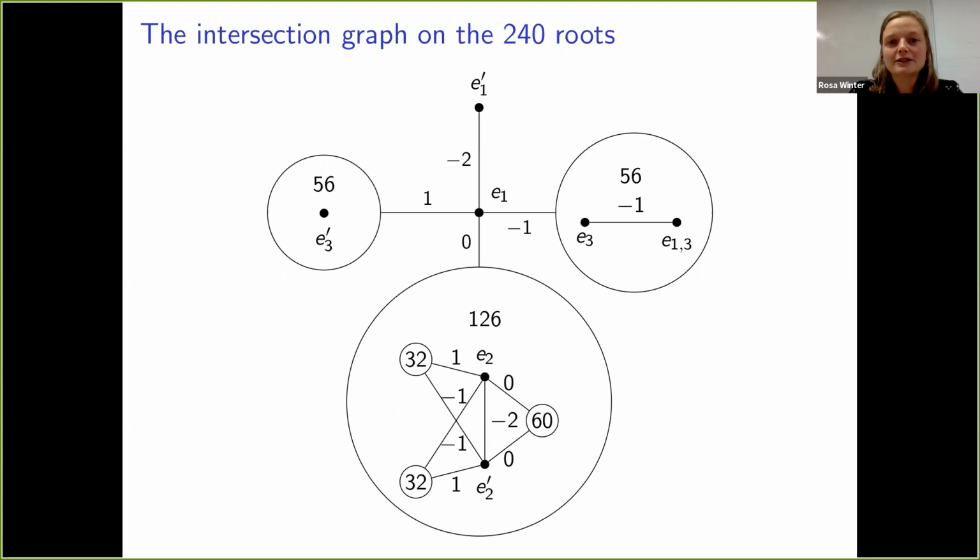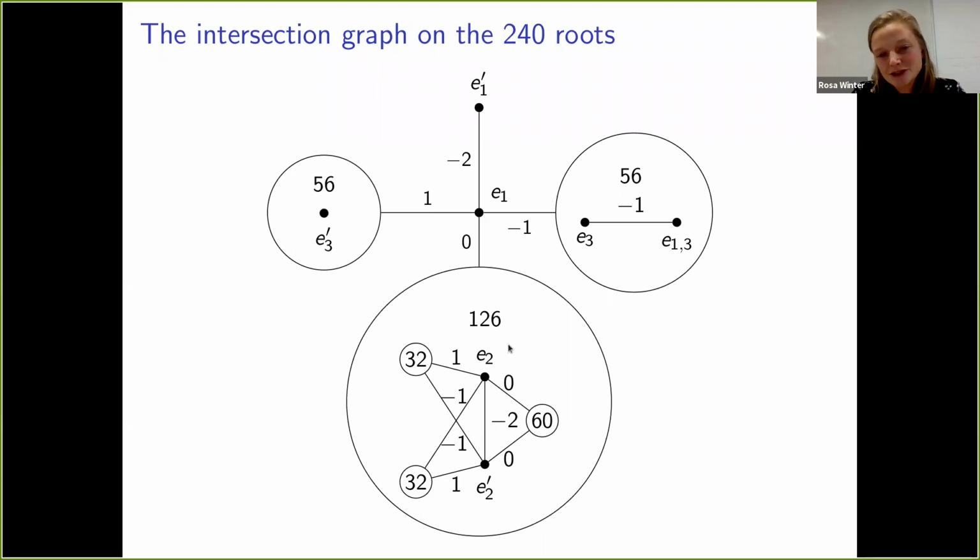For example, if you take one root fixed, then there's exactly its negative root, where the inner product is -2. There's 56 roots with inner product -1. There's 56 with inner product 1, and there's exactly 126 roots that are orthogonal to this first root.